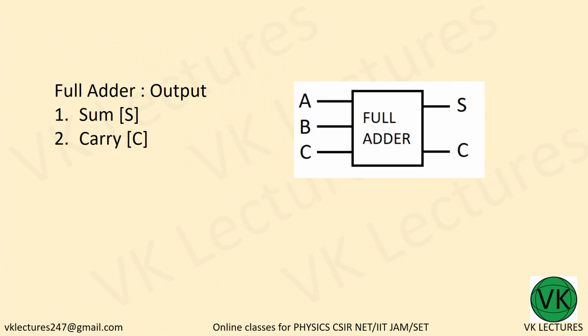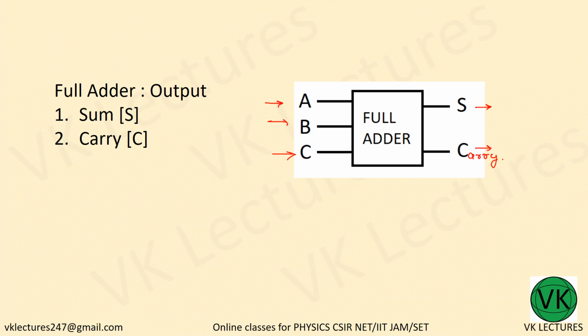Now coming to the full adder. The full adder is very similar to the half adder. You have three inputs, each a one bit binary digit, and two outputs, sum and carry. These are three different individual inputs. Let us look into how we can solve this problem.